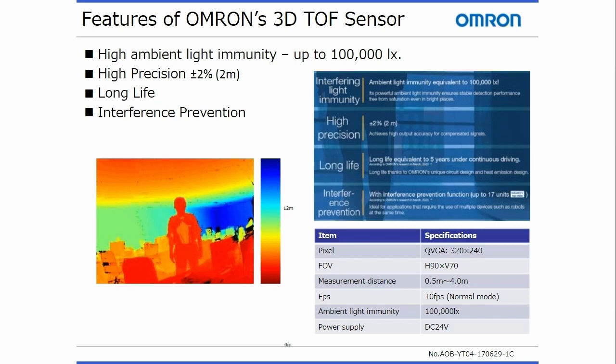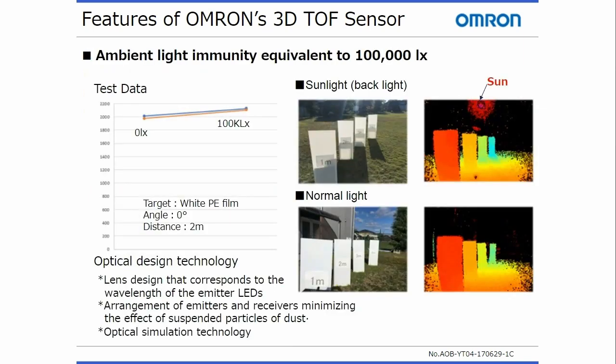As I mentioned, the B5L features high ambient light immunity up to 100,000 lux. The high performance is achieved by OMRON's lens filter design corresponding to the emitted LED wavelengths, proper arrangement of the emitters and receivers, and OMRON's optical simulation technology.